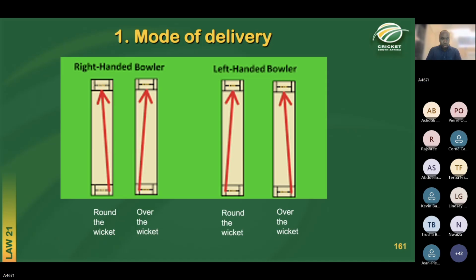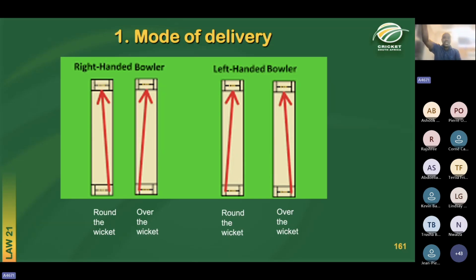So firstly, the arm that they use to bowl needs to be communicated. And then secondly, they need to communicate whether they're bowling around the wicket or over the wicket. So what is round the wicket and what is over the wicket for those of you who don't know? Let's take first the example of a right-hander.